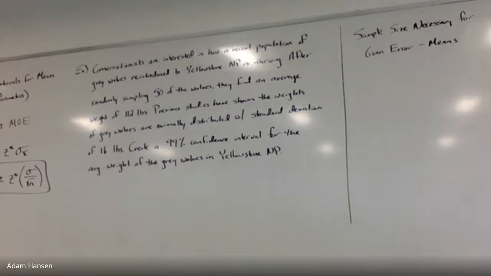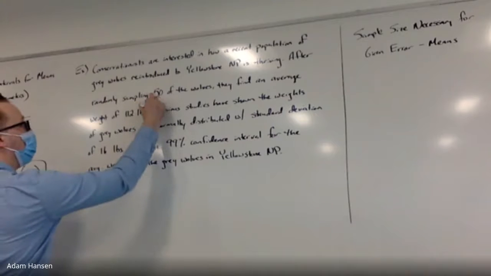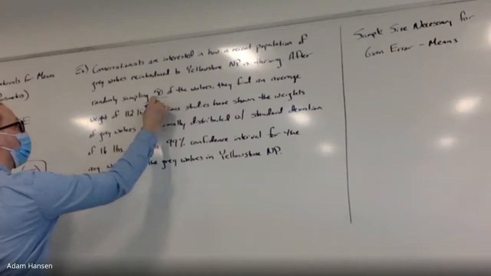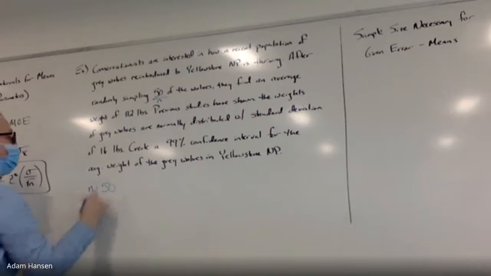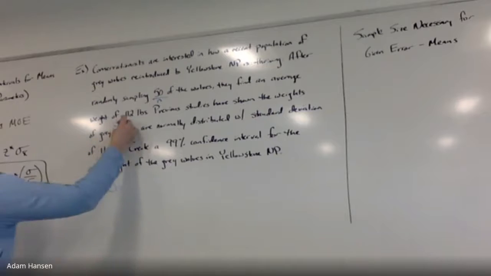Let's identify what we've been given and how we're going to attack this question. Underline some of these given values. The 50 refers to what? The sample size. We sampled 50 gray wolves that were reintroduced within the national park. They find an average weight of 112 pounds.